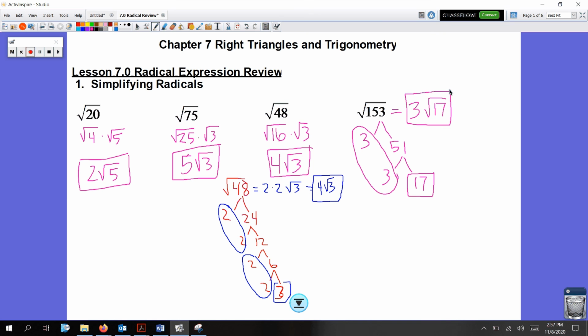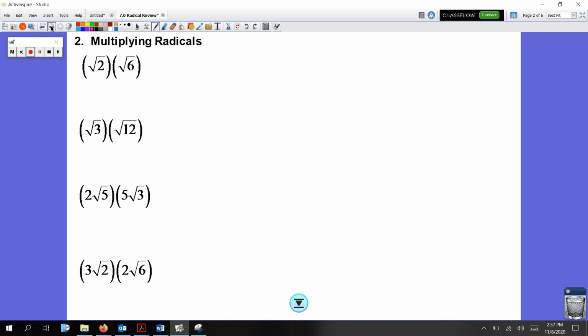All right, now let's talk about multiplying radicals. When you multiply radicals, you multiply like terms, right? So square root of 2 and square root of 6 are both square roots. So I'm going to just multiply those together. And 2 times 6 is 12. Square root of 12. Now the problem here is I need to reduce.